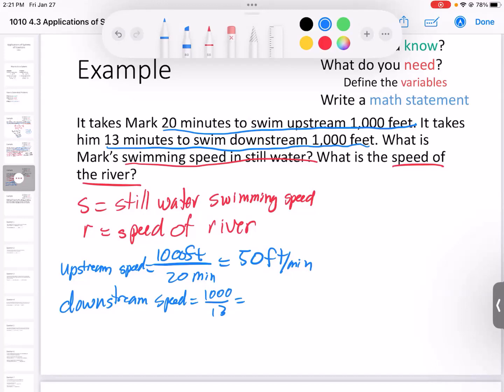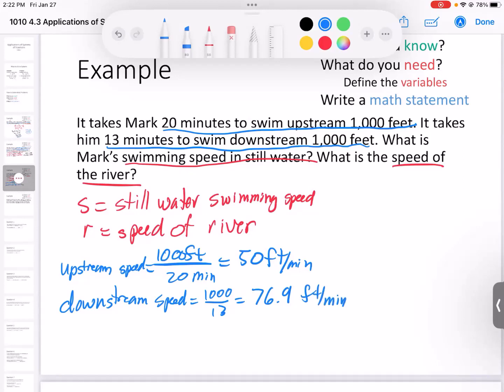Yeah, just what does your calculator give you? Like a 76.9, blah, blah, blah. Okay. All right. So we're not going to use this number because we want to get an exact number. So when we plug it in, we're going to use this fraction in our equation. But I just wanted to get kind of an estimate so we can see how this is reasonable.